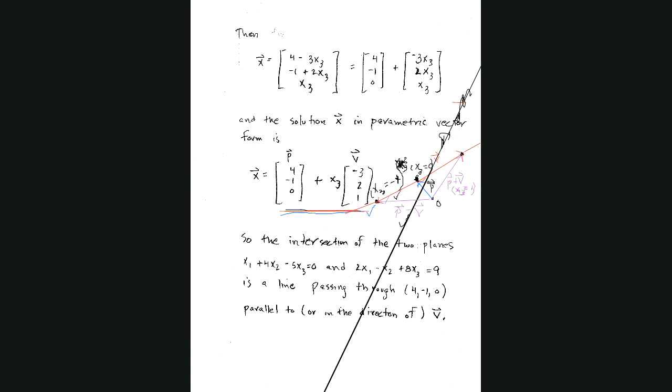This is geometrically what the solution is going to be. Again, by letting the parameter take on different values, you're able to get a feel for what the solution is geometrically.